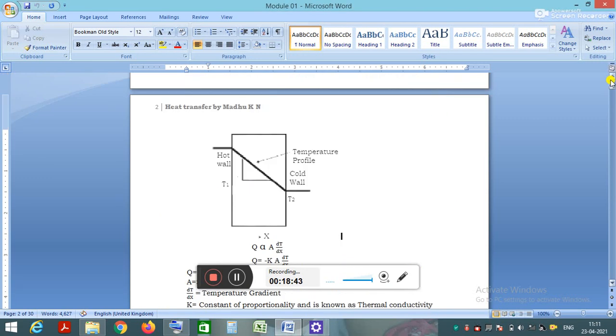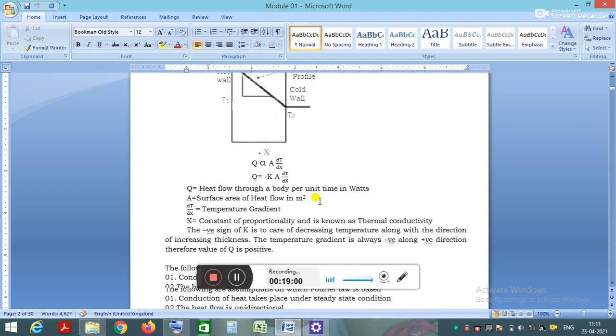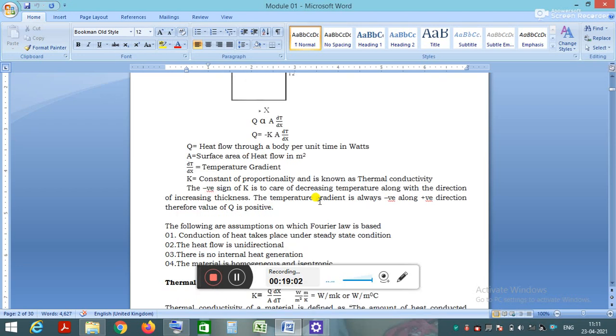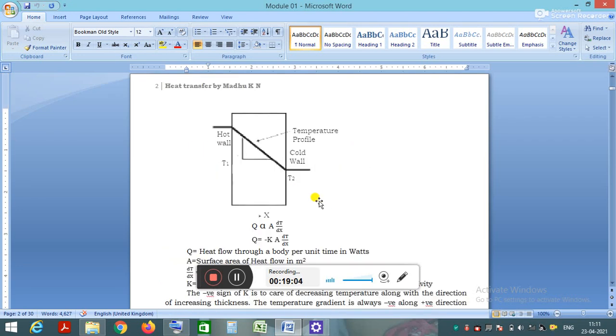That means the temperatures T1 and T2 remain the same with respect to time. Whether you measure the temperature at 1 p.m., 2 p.m. or 3 p.m., whatever may be the time, the temperature doesn't vary. That is called steady condition. If the temperature varies with respect to time, then it is called unsteady condition or transient condition.